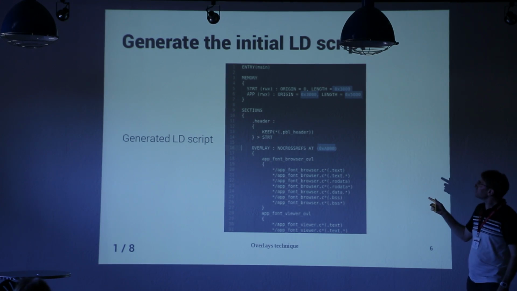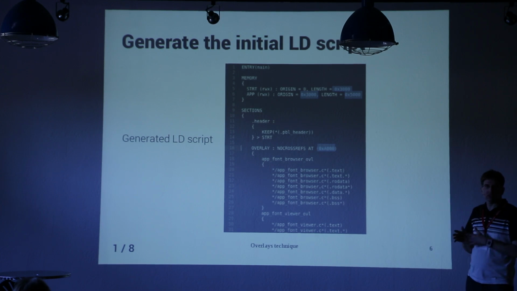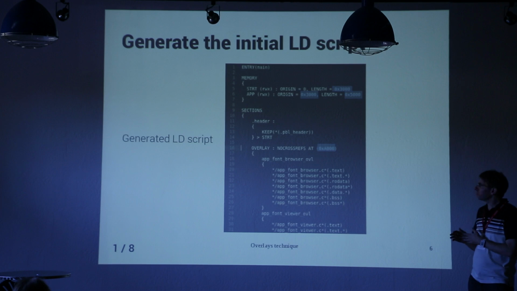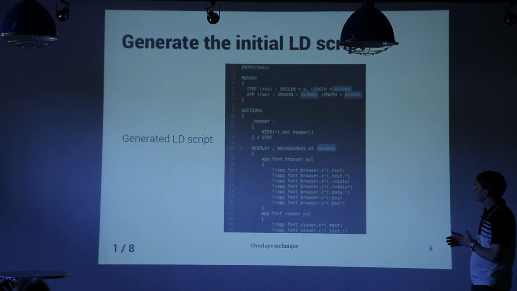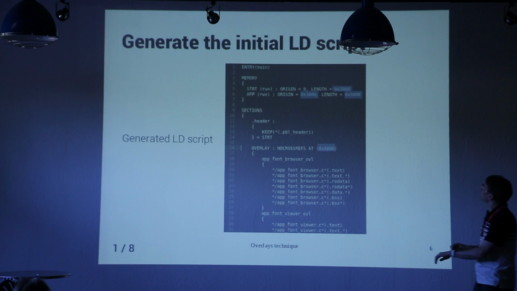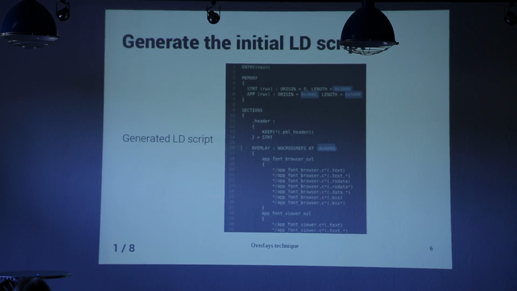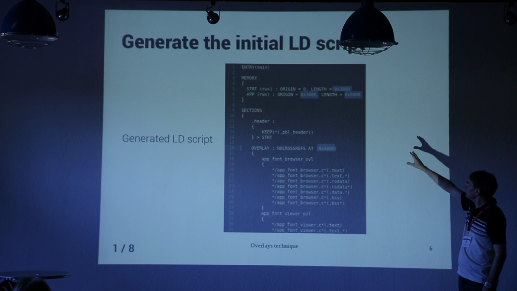At first, we generate some initial file where we don't position things in the right place, because first we need to put it all together, to prepare everything, so we can measure and know the size of everything. The sizes are here. Those are default sizes that we put in.